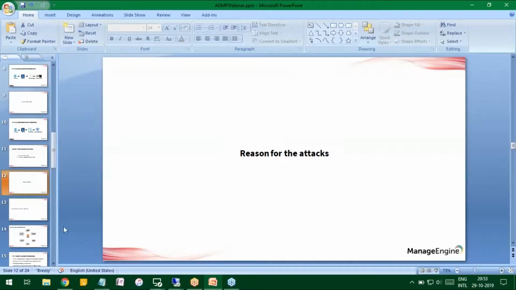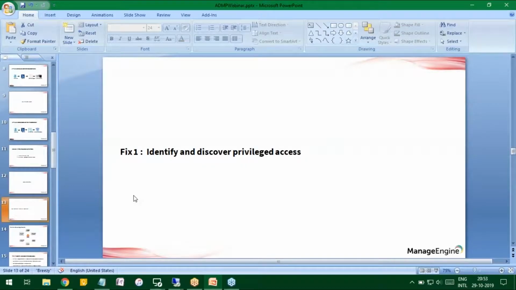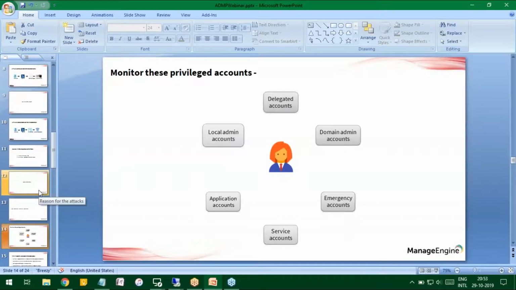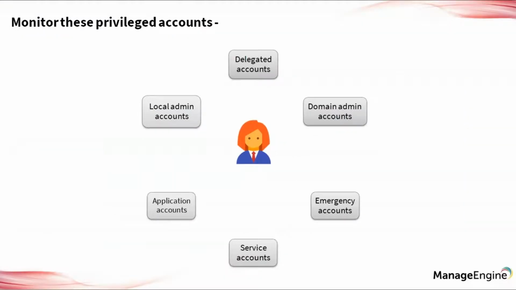So how do we go about fixing these problems? The fix is not one, but actually two. The first fix is to identify and to discover privileged access. All right, so a few tips that we could employ to identify and discover privileged access effectively. The first thing I would like for you to do is monitor all of these accounts: your delegated accounts, your domain admins, your emergency accounts.